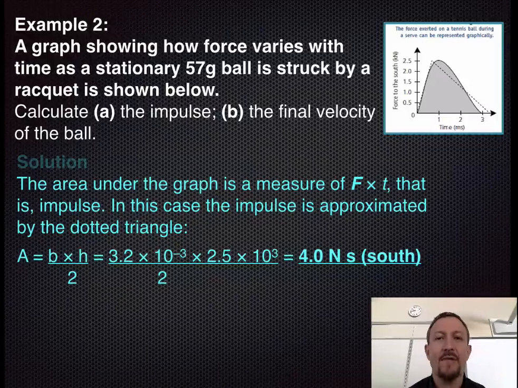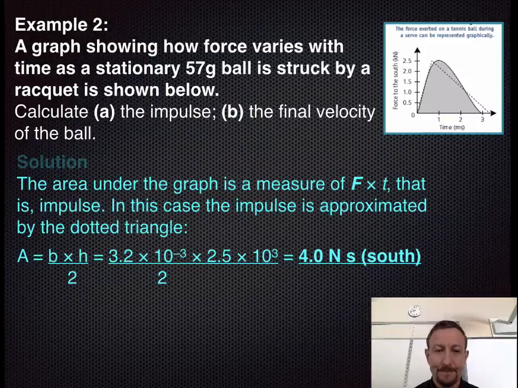So we know that the area is base times height divided by 2. Now the base is 3.2 times 10 to the negative 3, and this has been read off the graph, and we know that the height is 2.5 times 10 to the 3, noting it's kilonewtons, and the whole lot is divided by 2. So the final answer there is 4 Newton seconds.